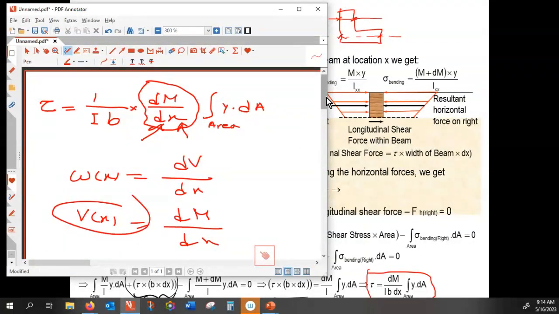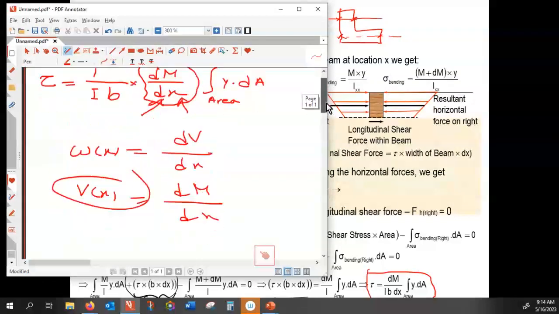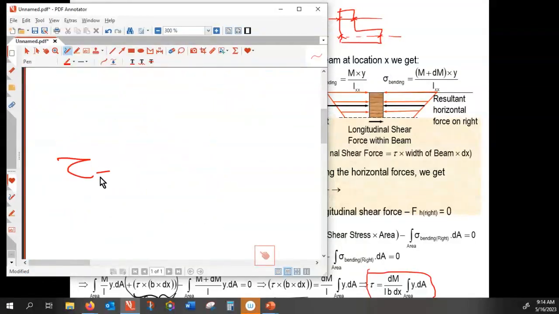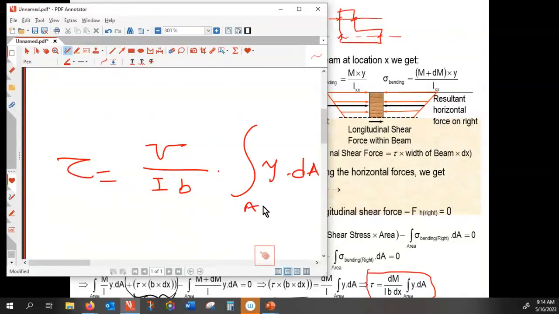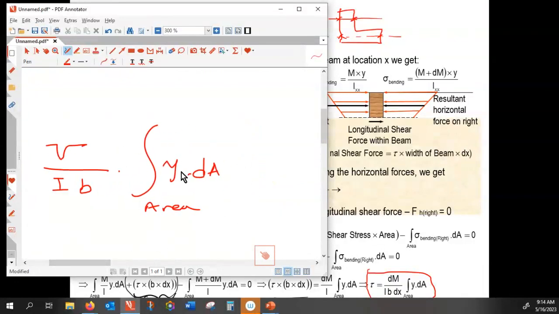Okay, so if I want to simplify that equation one more step, shearing stress becomes V divided by I B, and that multiplied by an integral of y dA over the area. Okay, y times dA integral, what is that?